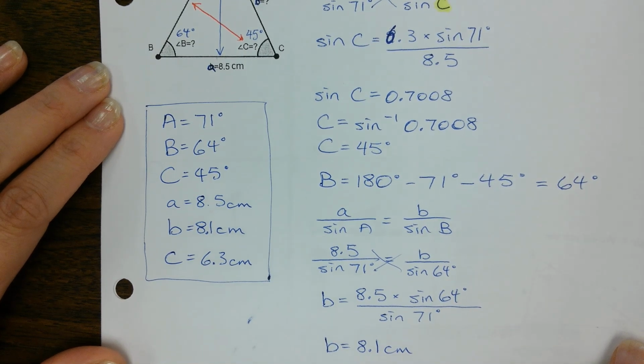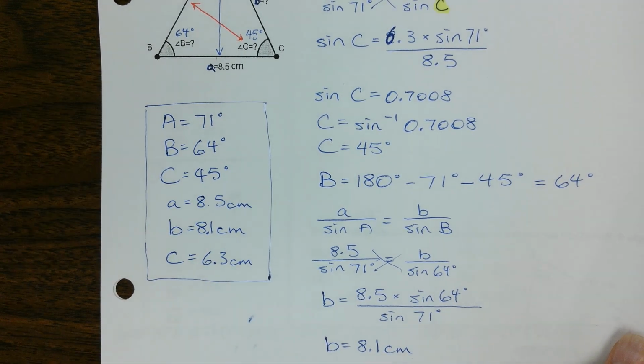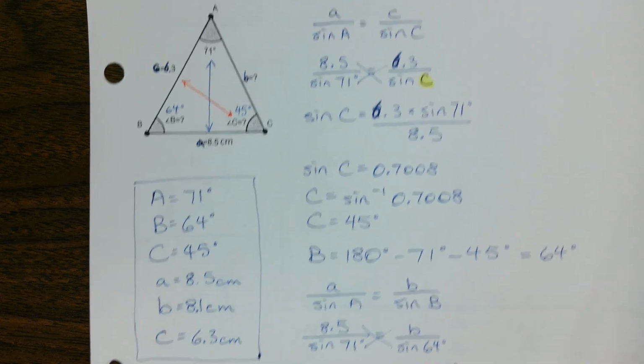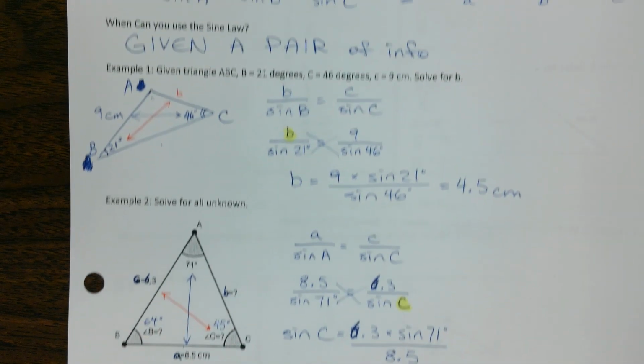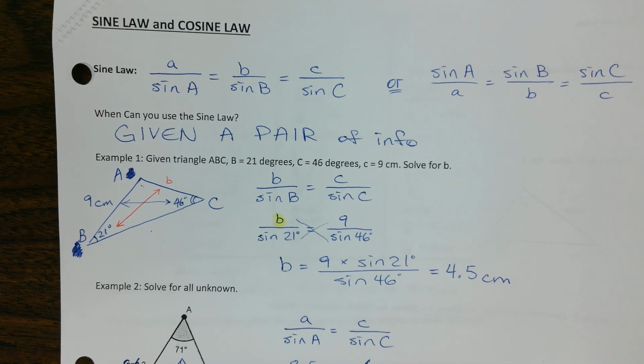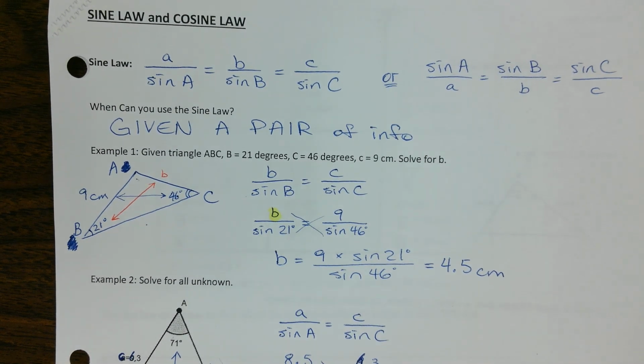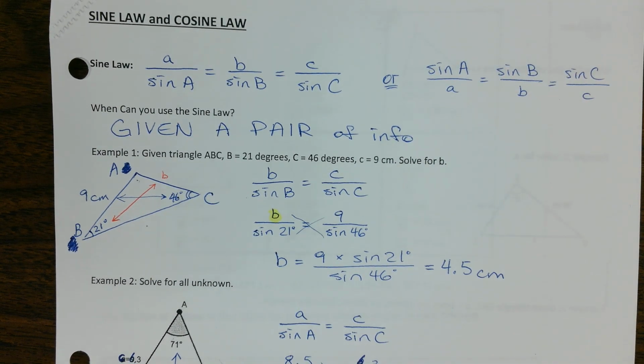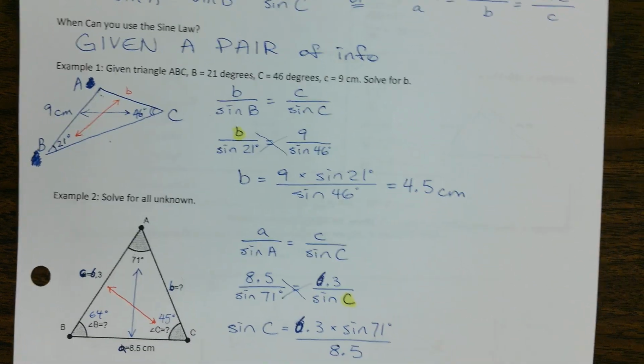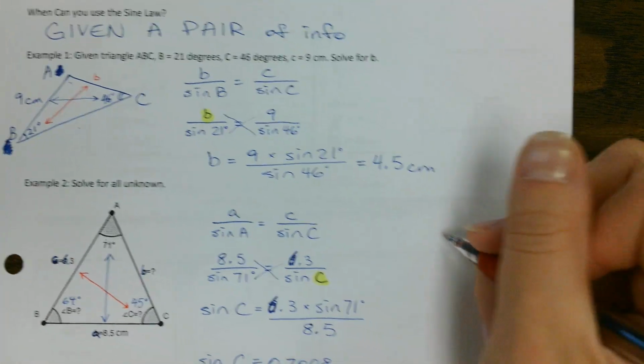Any question on this example? Any question on sine law? Alright, so I think sine law is pretty straightforward. You can use it on non-right angle triangles when you're given a pair. Oh, so let me ask a quick extension question then.